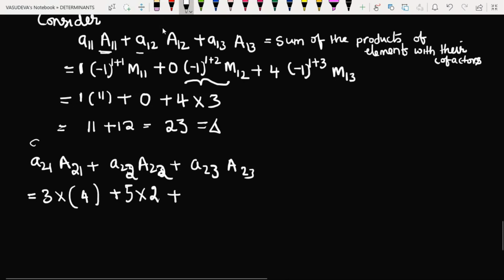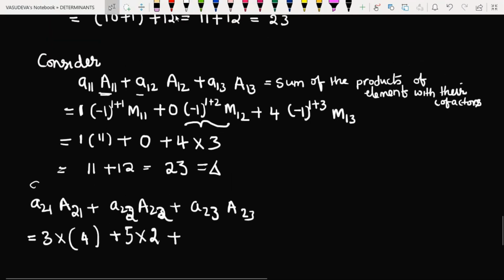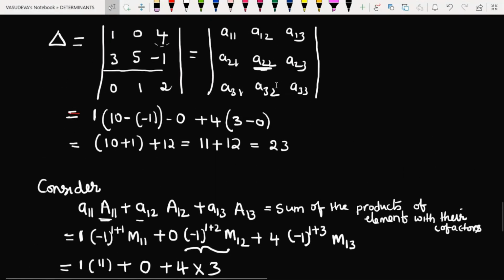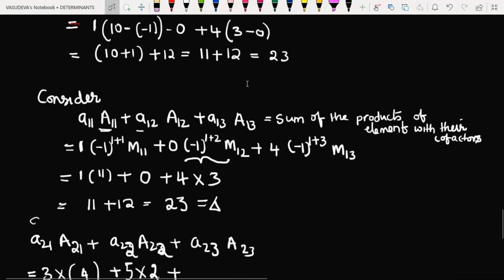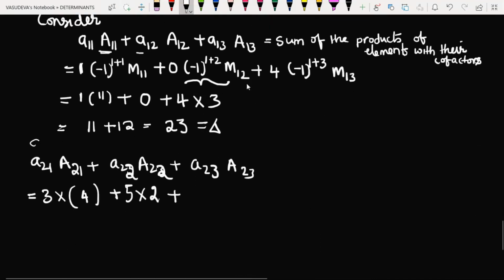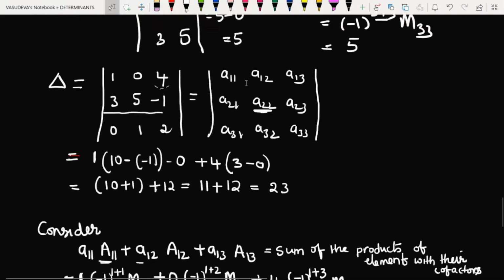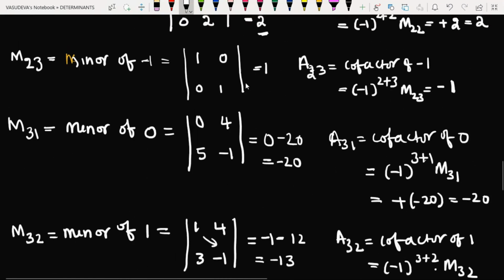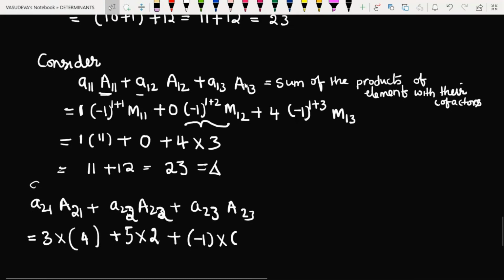Plus a23, the element minus 1, into the cofactor of a23, which is minus 1.